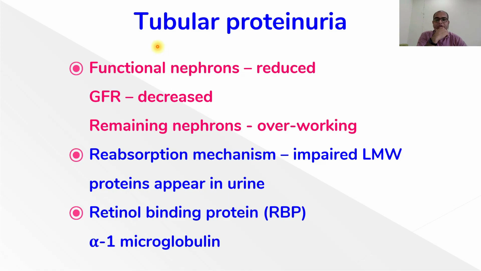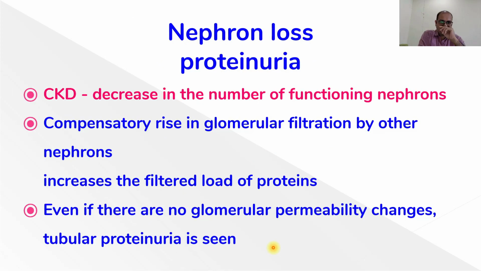Then tubular proteinuria: your nephron functionality is reduced, so the GFR decreases. The remaining nephrons overwork, and that leads to the reabsorption mechanism being impaired. So low molecular weight proteins like retinol binding protein and alpha-1 microglobulin will start appearing in the urine. Then there is nephron loss proteinuria, normally seen in CKD, because functional nephrons themselves are fewer.